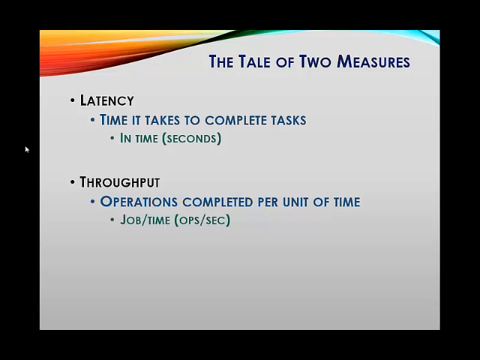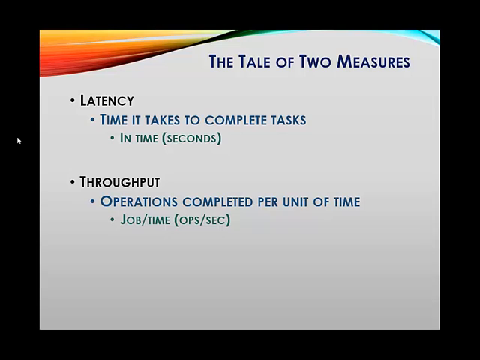Now, as you see, latency talks about time, and an alternative means of evaluating the speed and performance of a computing device, in our case, is to look not at the amount of time that it takes for an operation to complete, but rather to look at a fixed amount of time and see how many operations can be completed during that amount of time.